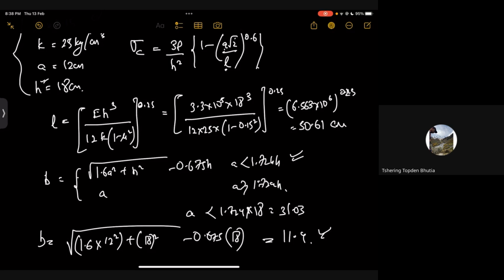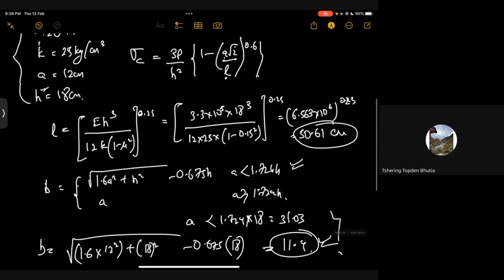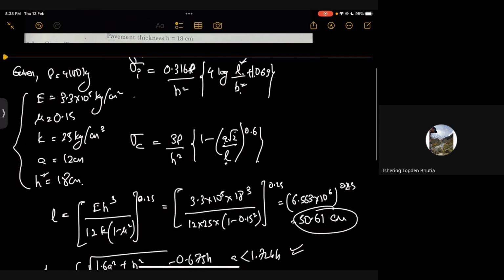Correct, guys. We have got these two values, so let me write them above. Basically, L is equal to 50.61 and B is equal to 11.4.